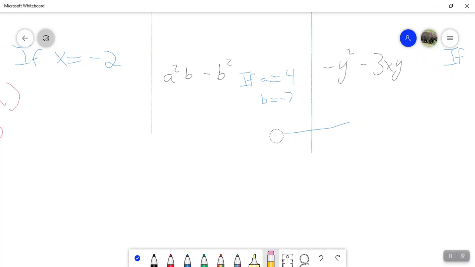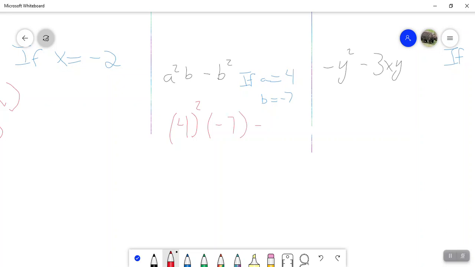This problem involves 2 variables, and that's okay. We're just going to take our time and plug in and substitute each value for a and b into the expression. I see a squared. Well, a is 4, so I'm going to put in parentheses 4 squared times b, and I'm going to put in parentheses -7, minus b.